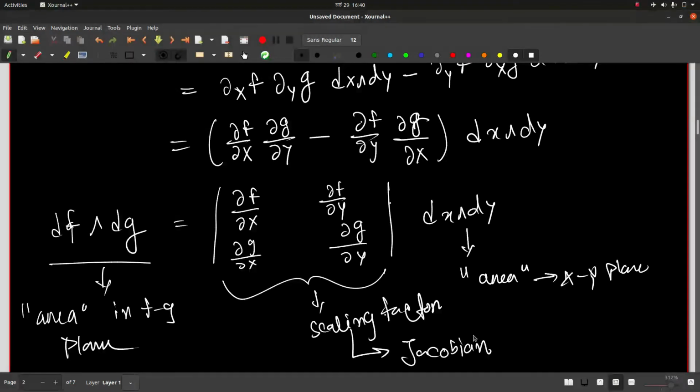So in multivariable calculus, these things are derived in a very tedious way, but once you adapt to this notation of calculus on manifolds and differential forms, you can see that this arises very naturally.